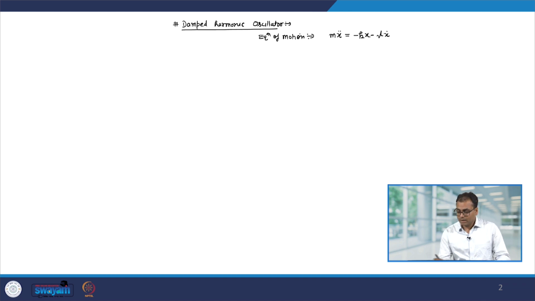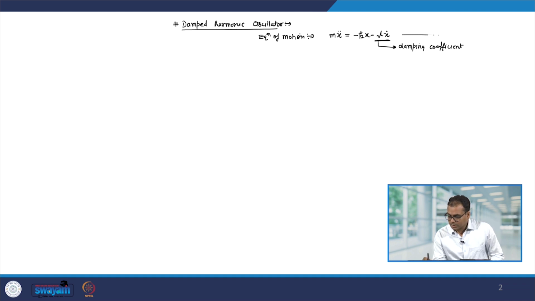Here this gamma is the damping coefficient. This is the simplest type of damping, for example drag, because it depends only on the velocity, and this gamma x dot is basically the damping force. Let us call this equation number 1.